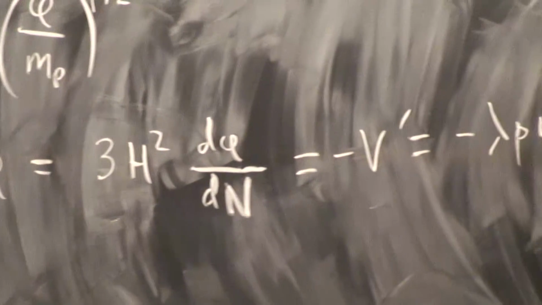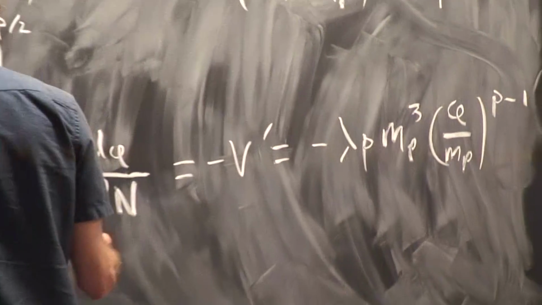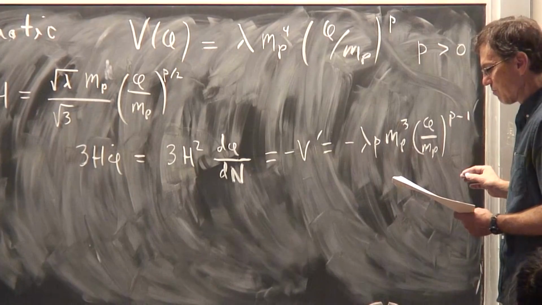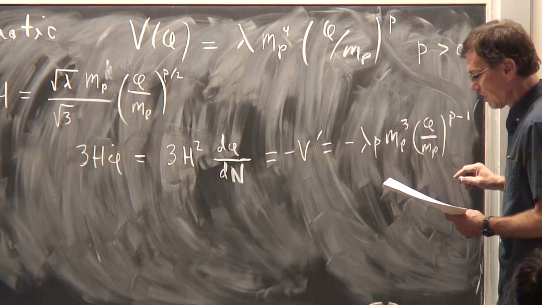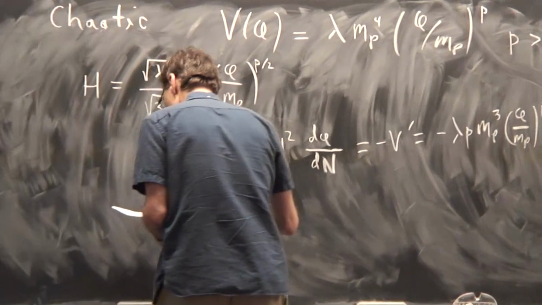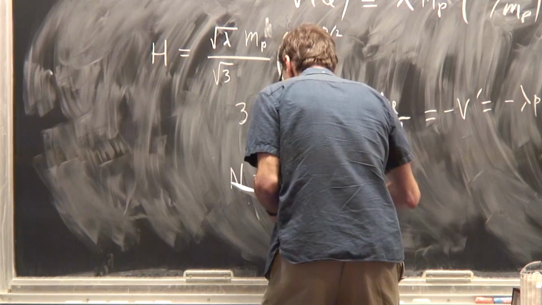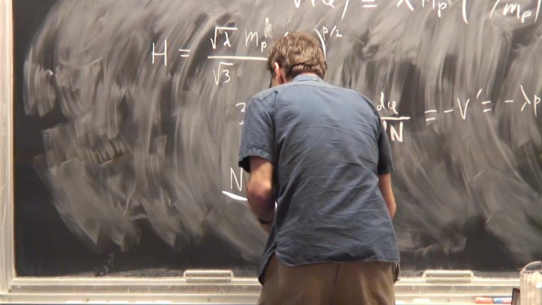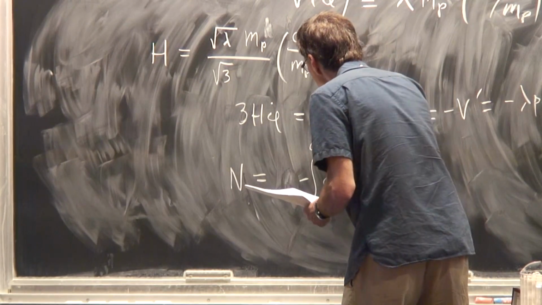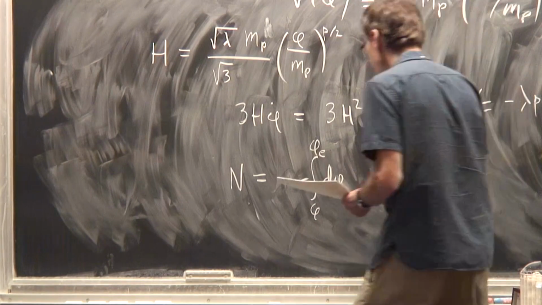So if we put that together, we get a very simple differential equation. d phi dN is some function of phi, and you can just integrate it. So I'll skip a step and write the result that N is equal to the integral, minus the integral from whatever phi you're integrating from until some phi sub e that denotes the end of inflation.